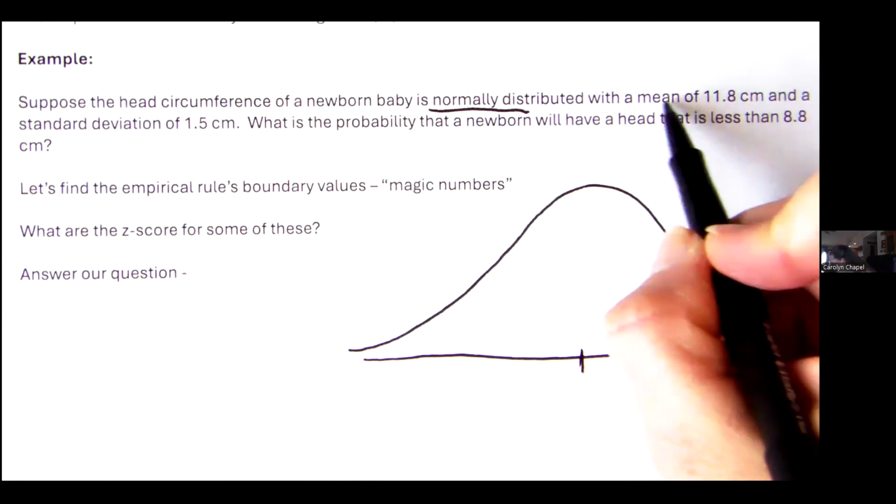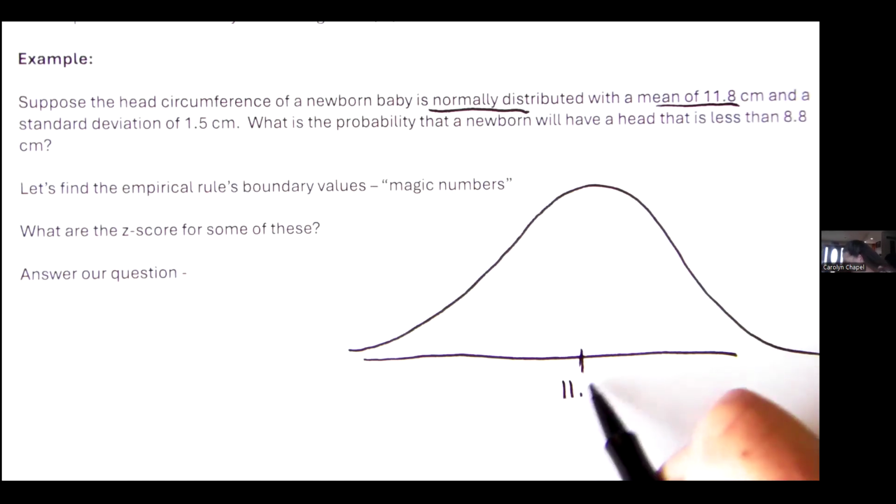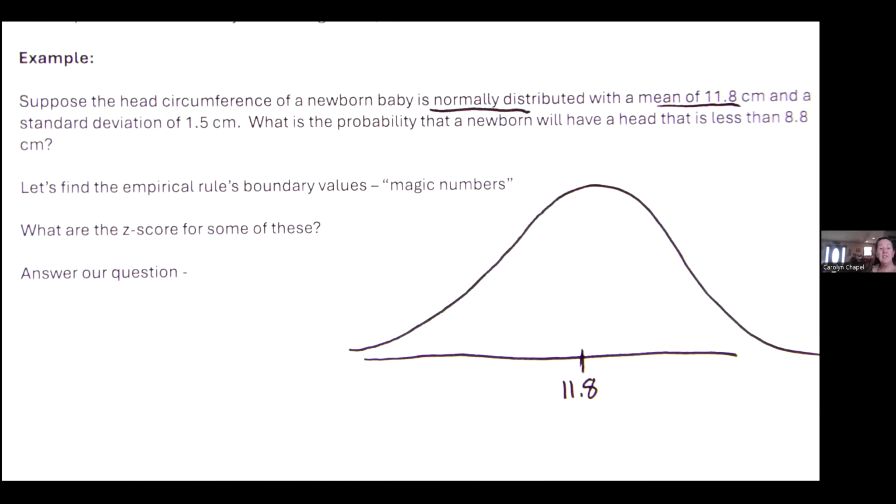The mean was 11.8. The standard deviation of 1.5 is going to tell me how spread out or how steep this curve is. A 1.5 is a little bit bigger than 1, so it's going to be a little flatter than your standard normal curve, remembering bigger means more spread out.